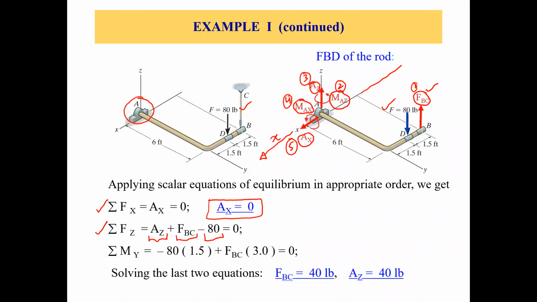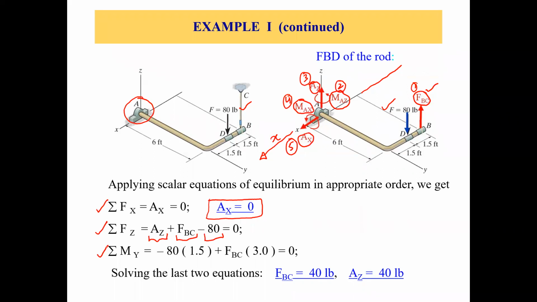Now let's go for a third equation. Let's take sigma moments in y direction equals 0, right? So if you take sigma moments around y-axis, then what do you get?